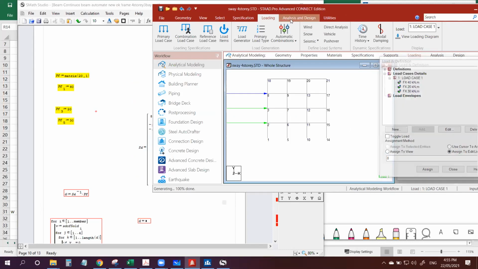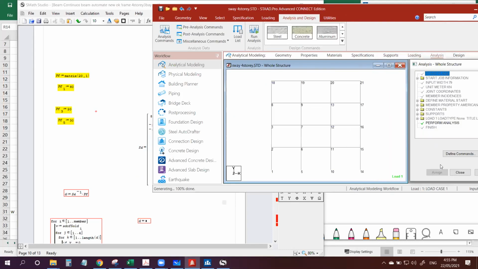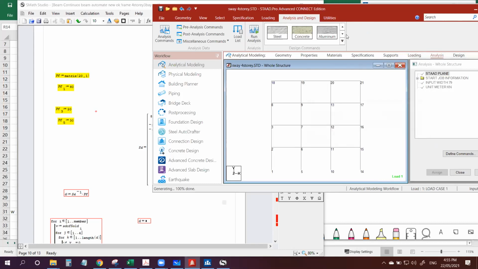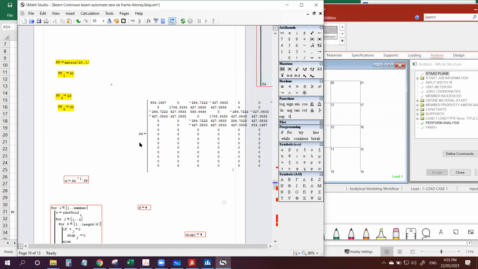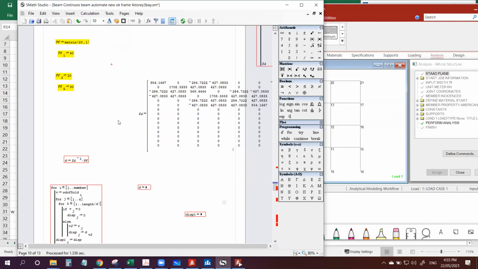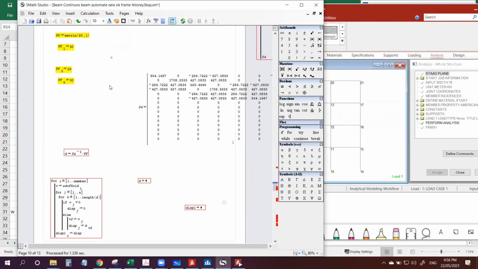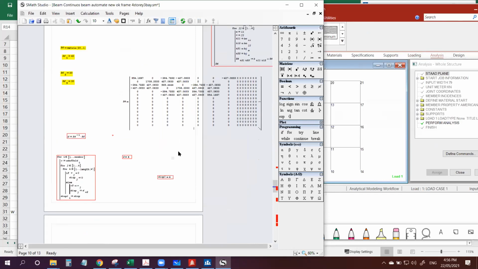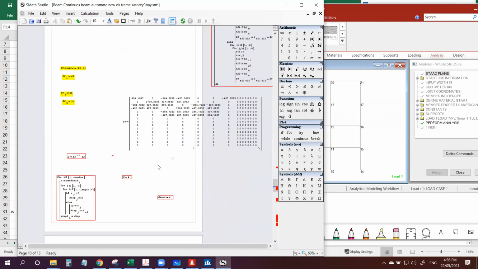Okay, analyze. Then calculate. It says here there's something wrong with our S matrix.